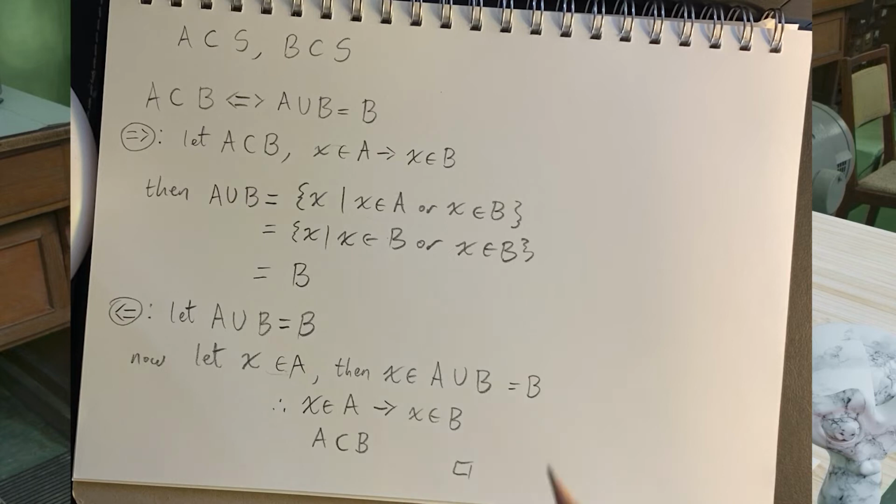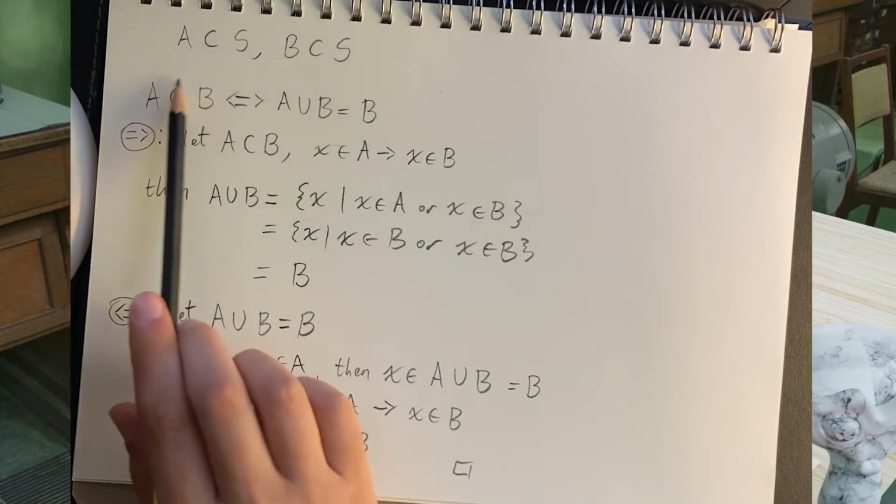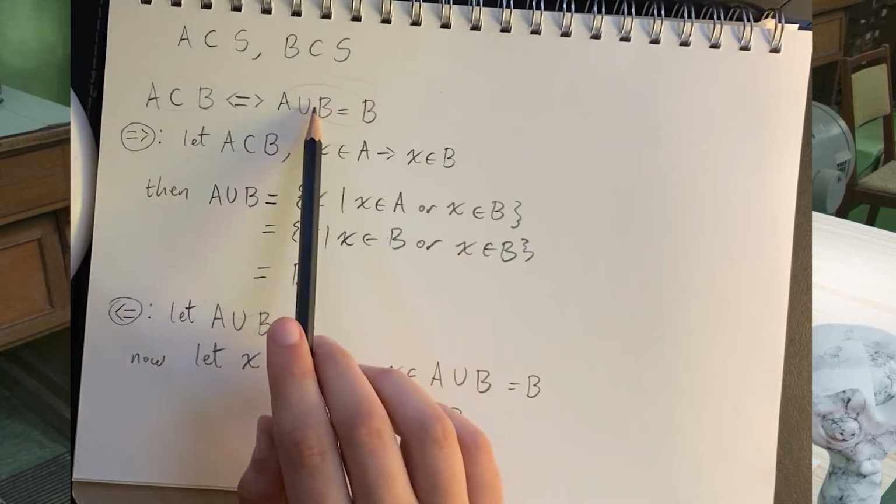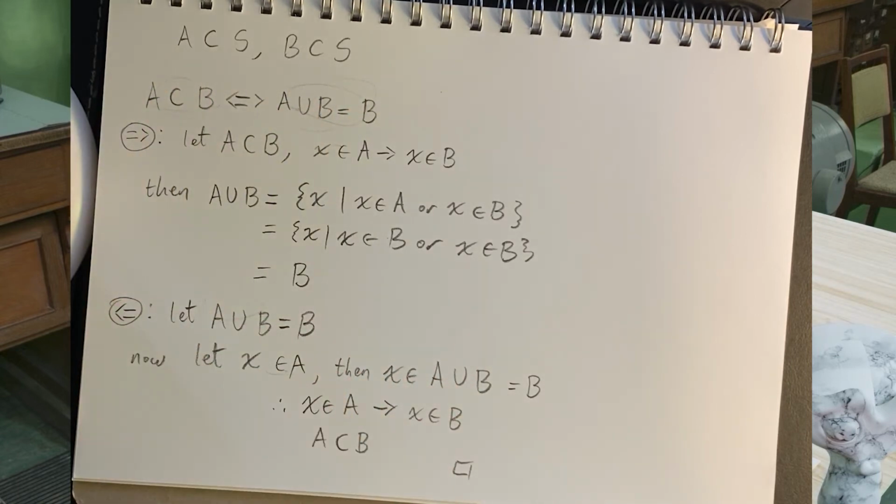We've proved it both ways. We've proved that left-hand side implies right-hand side, and then we started with the right-hand side and showed that that implied left-hand side. That's the if and only if.